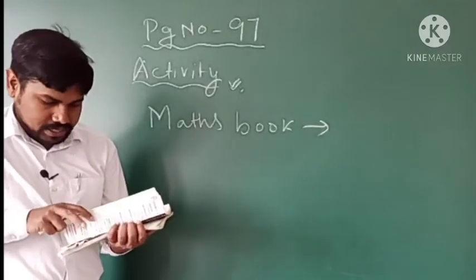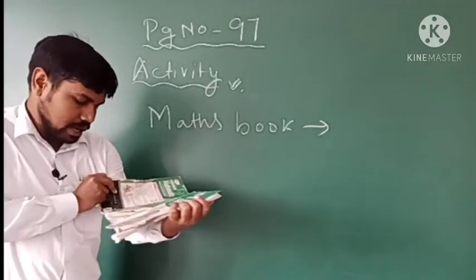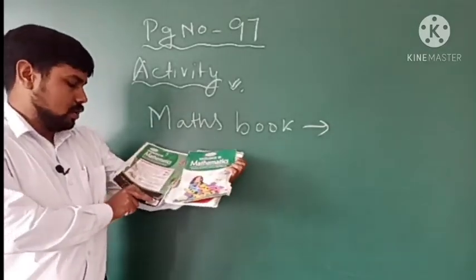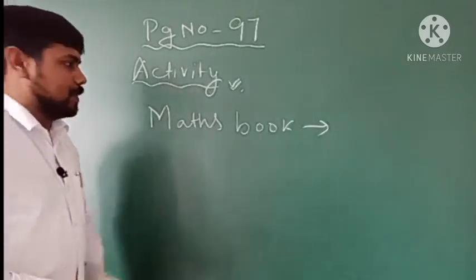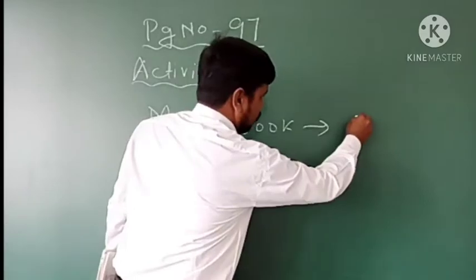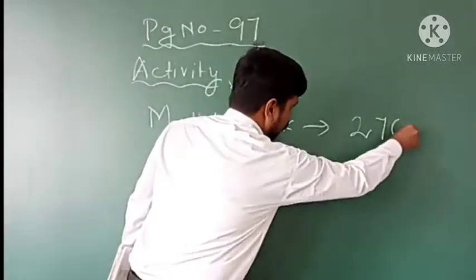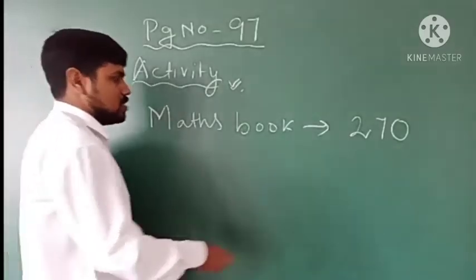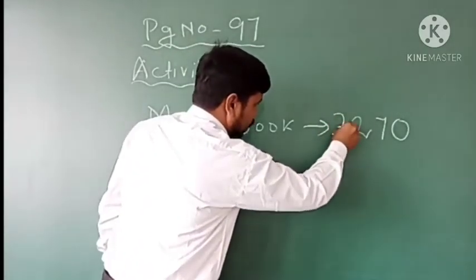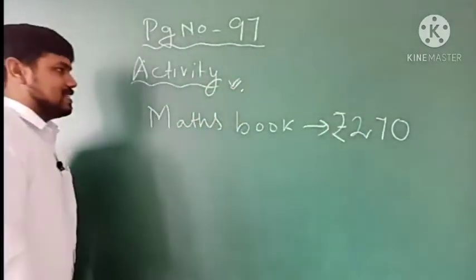Yes, you can check here. It is 270 rupees. So you simply have to write the price here in the book itself, in rupees. So it will be 270 rupees.